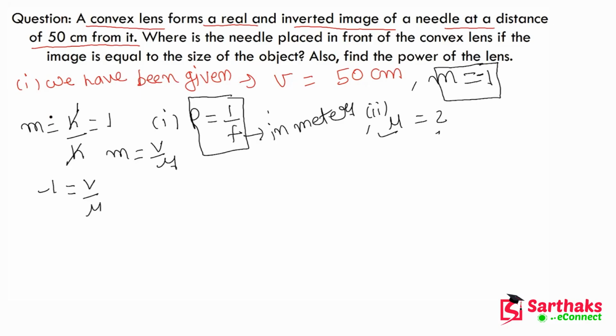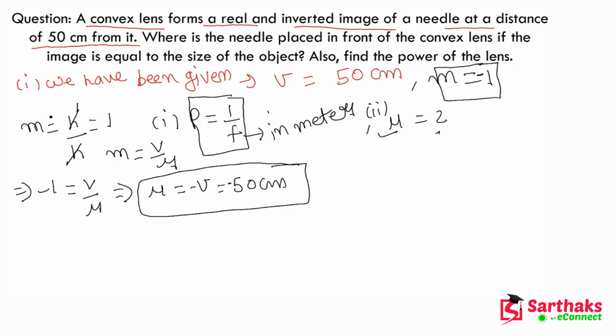So I will just simply write it here, v upon u, and we know that value of u will become minus v, and v is 50. So that's why u will become minus 50 centimeter. So this is our first answer. Let me highlight it for you.